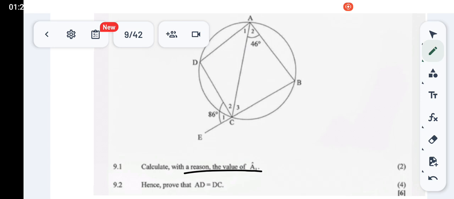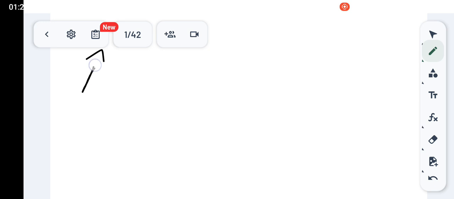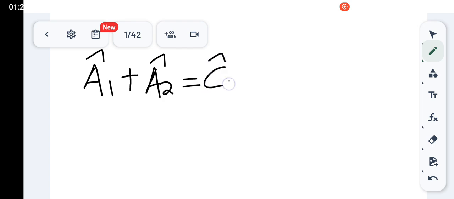We just said angle A1 plus angle A2 is equal to angle C1. Let's write it down. Angle A1 plus angle A2 is equal to angle C1, with a reason.